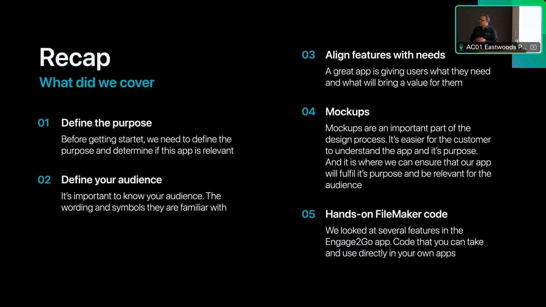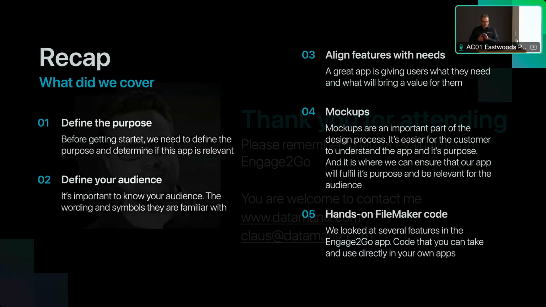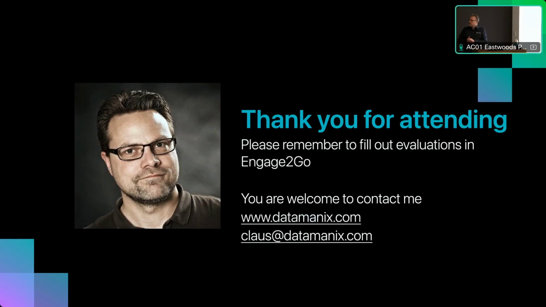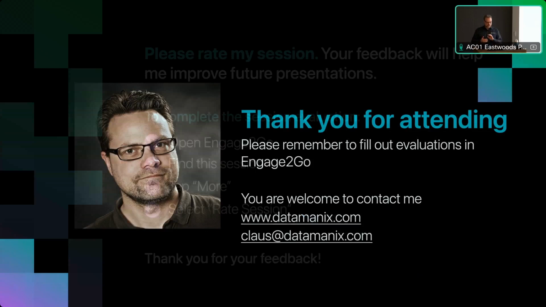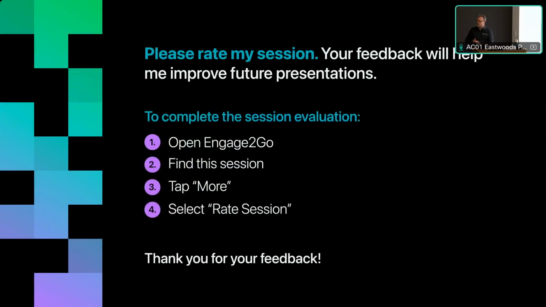And then we dug into some FileMaker code, and sure, we could probably have used some more about this. So please remember to fill out your evaluations. It's very, very helpful in order for everyone to get better. And it's in your Engage to Go app, of course. And here's how to do it. Any questions at this time?